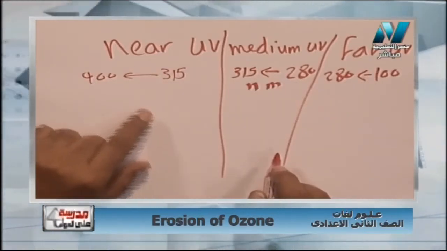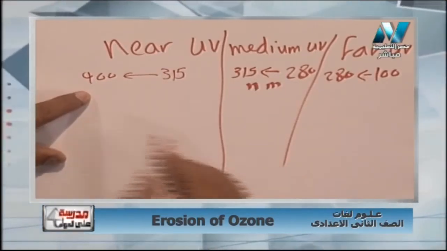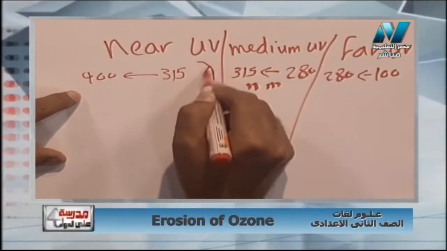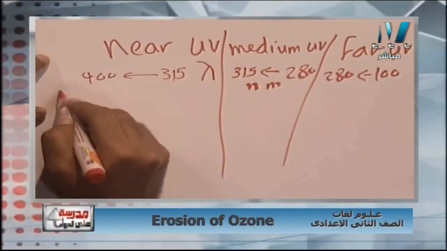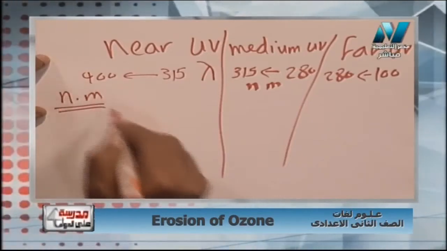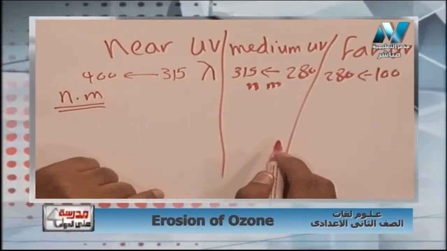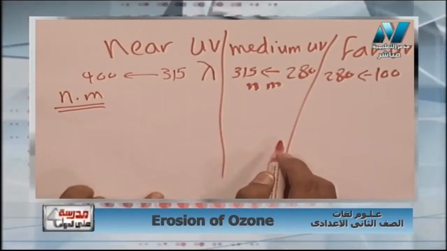Near ultraviolet, their wavelength ranges between 315 into 400 what? Nanometer. Nanometer here is the measuring unit of wavelength of ultraviolet rays.